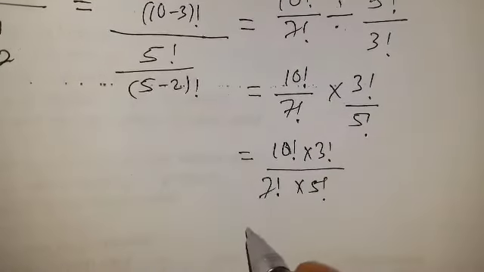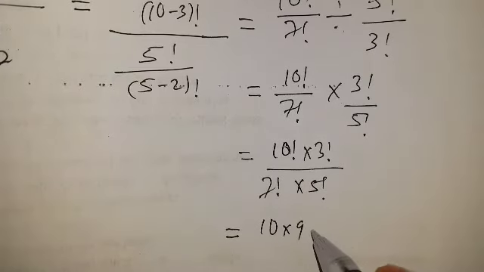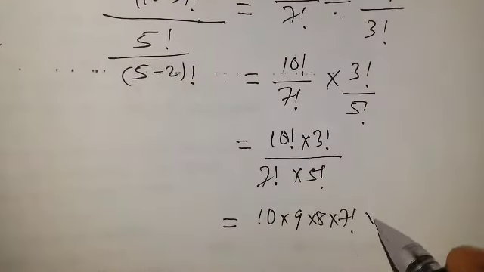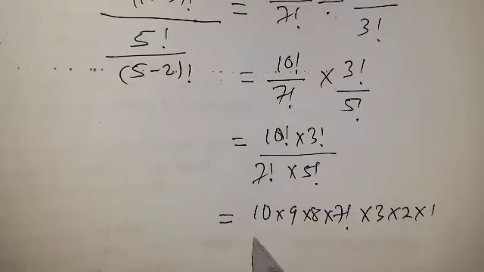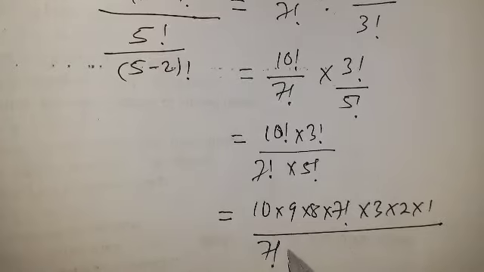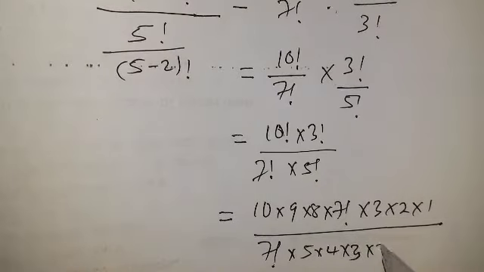So this can be expressed as 10 times 9 times 8 times 7 factorial, then times 3 times 2 times 1, all over 7 factorial times 5 times 4 times 3 times 2 times 1.